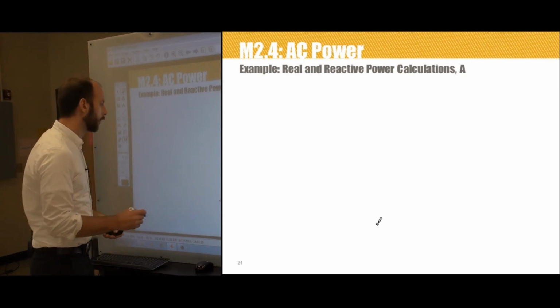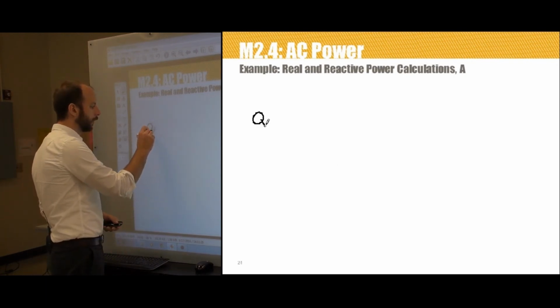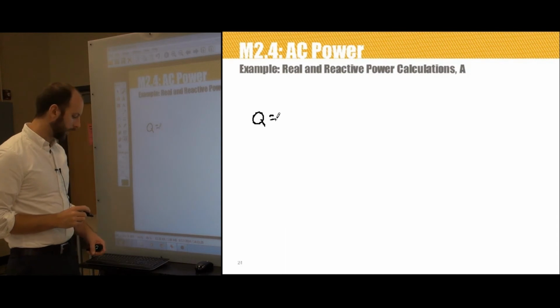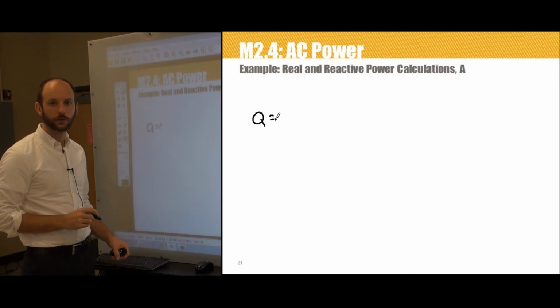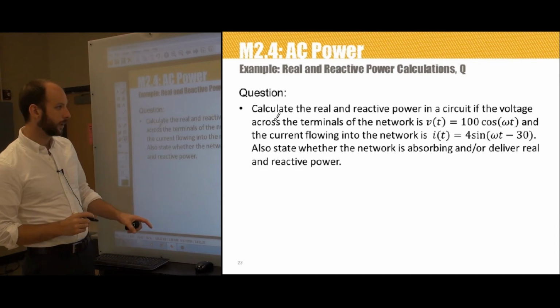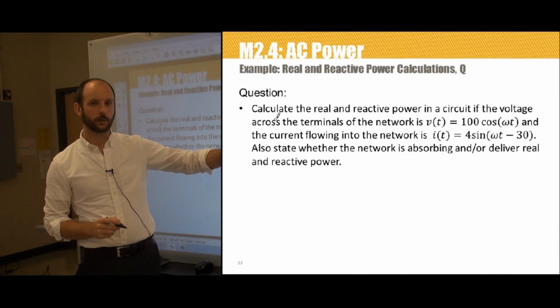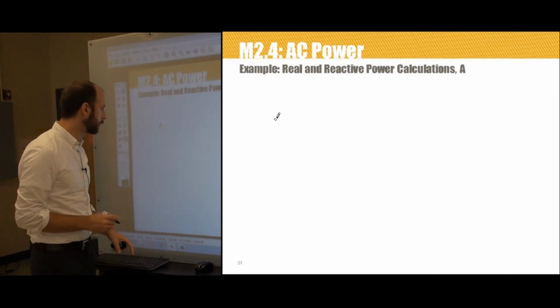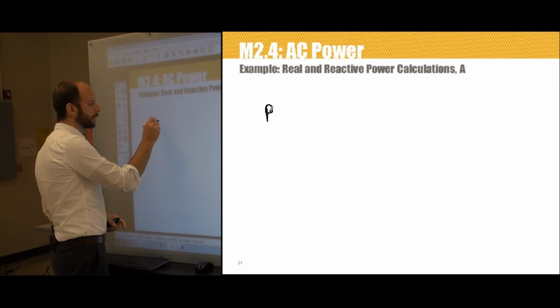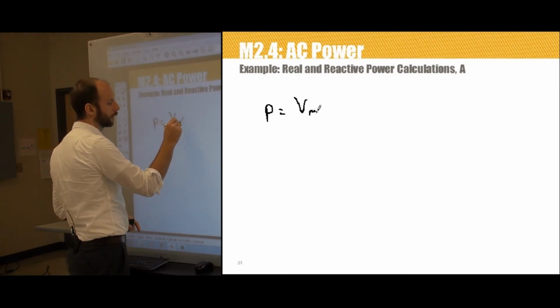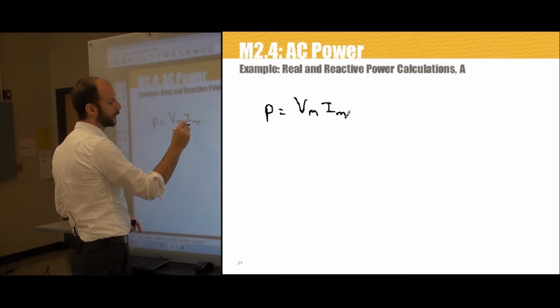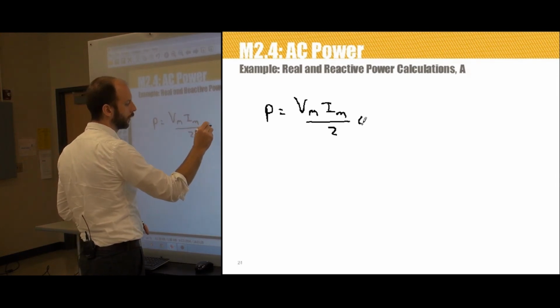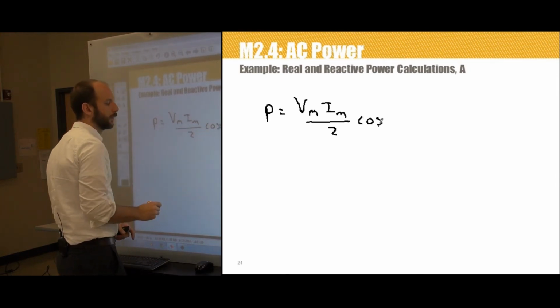From our formulas, P is equal to Vmax times Imax, and remember we divide that by 2, times the cosine of the phase shift.